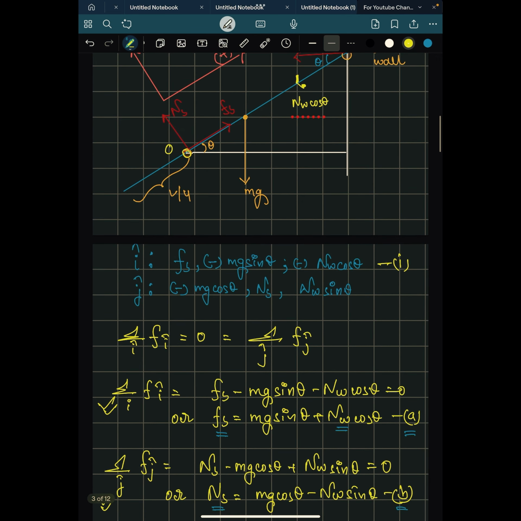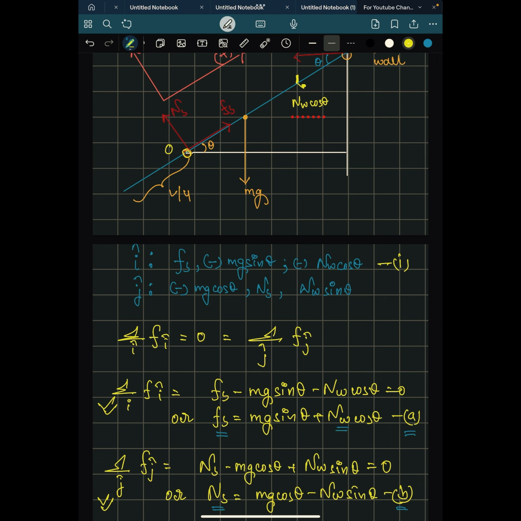Because if we choose this, then Ns and Fs will have zero moment, because these forces are already passing through this point itself. So we need not think much about it. The moment of these two forces will be already zero.